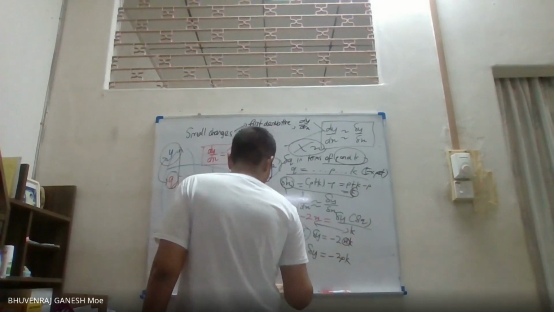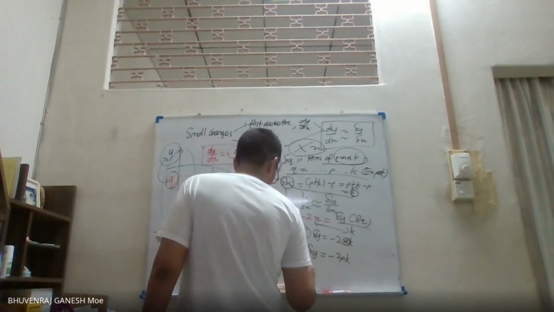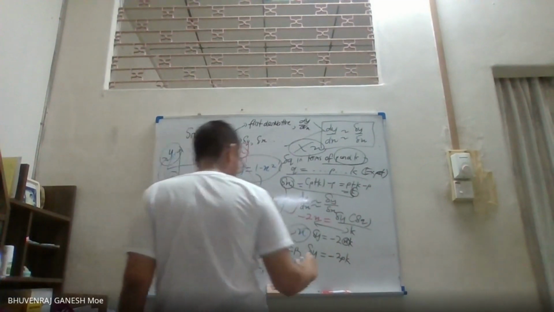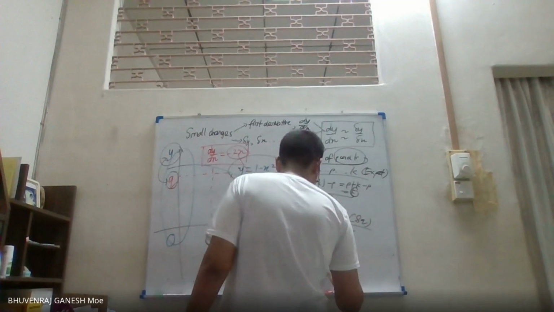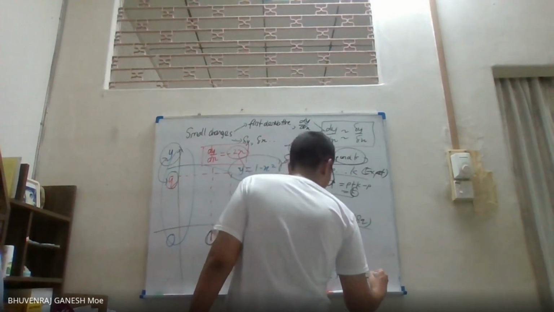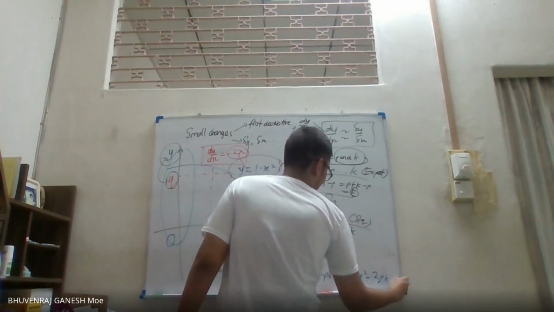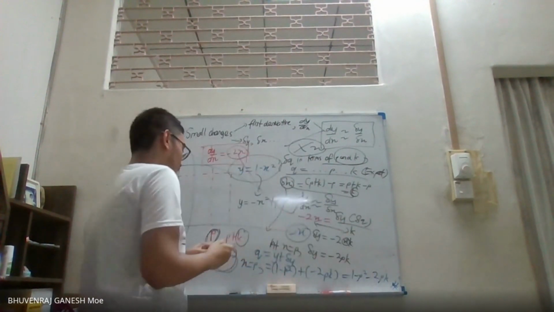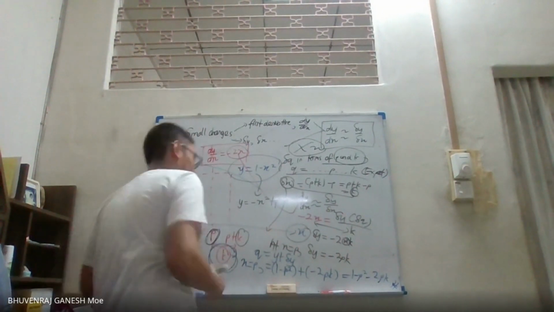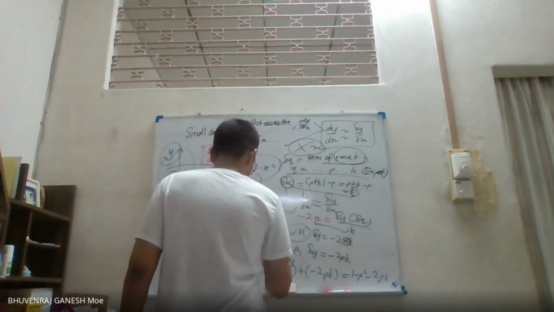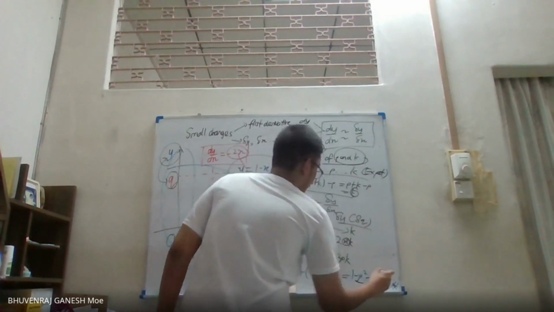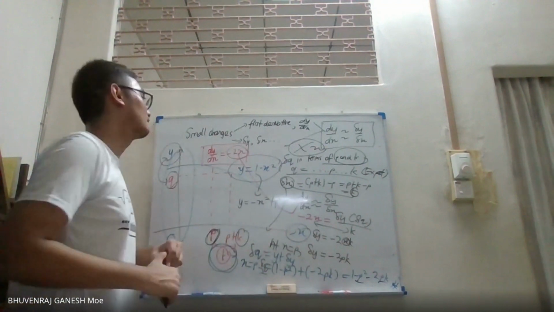So 1 minus p squared, and then plus delta y. Delta y will be negative 2pk. And then we will get 1 minus p squared minus 2pk. That's the final answer. So we have fulfilled delta q in terms of p and k, with only p and k on the right hand side of the equation.